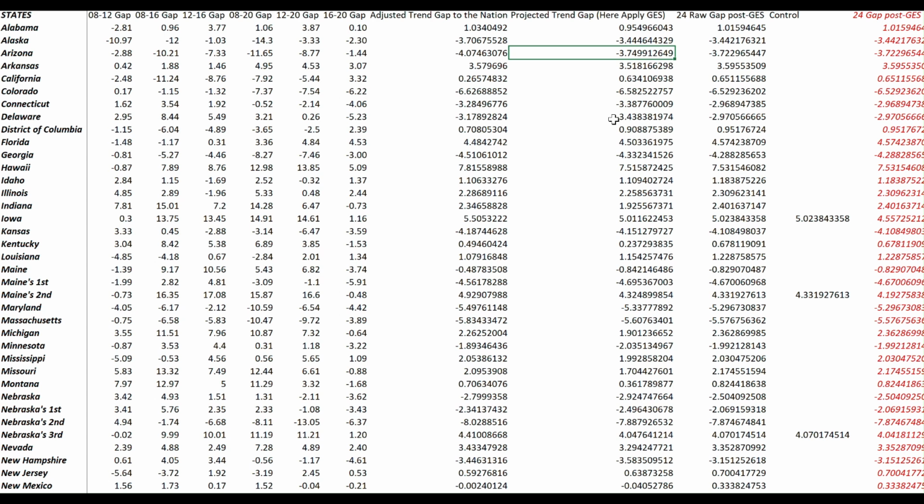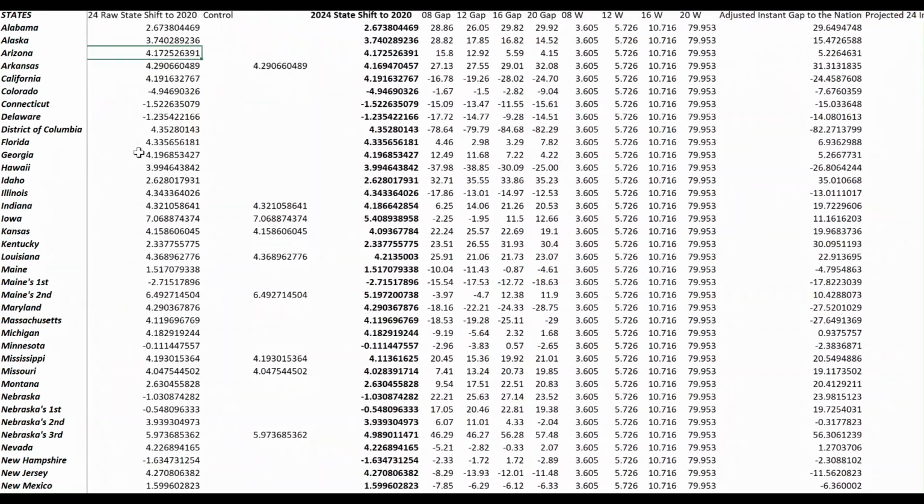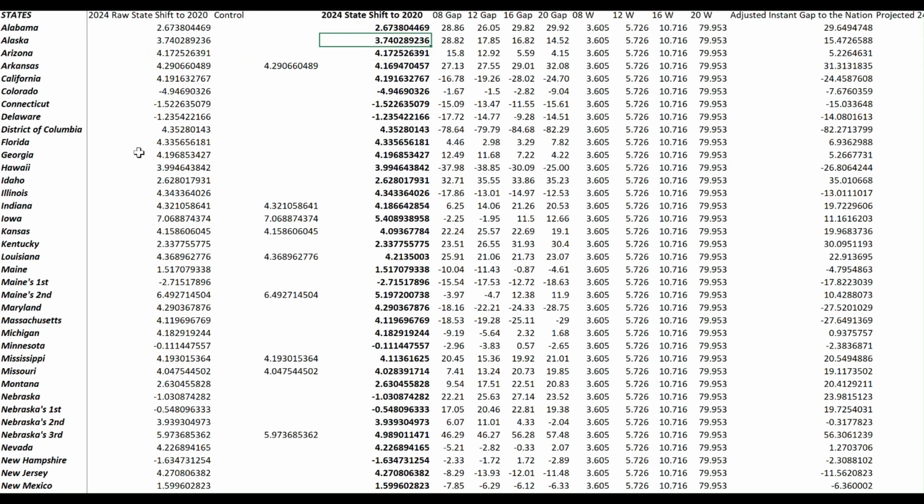This is of course very important because we have some states, for example states like Arizona and Georgia, that are really fast growing. If we took into account only the 2024 state shift relative to 2020, which only fits regressions for raw numbers of votes compared to the nation without taking into account the change in the shift to the nation, we would be really mischaracterizing the race.